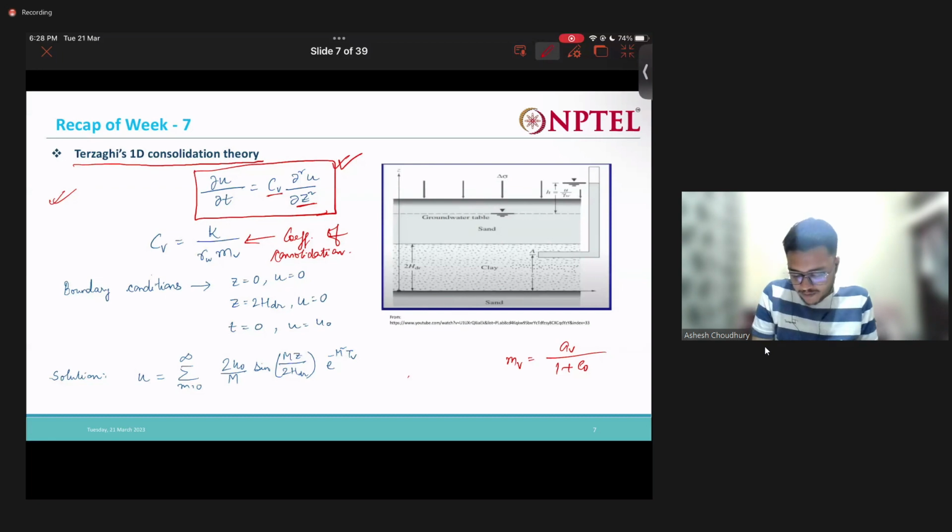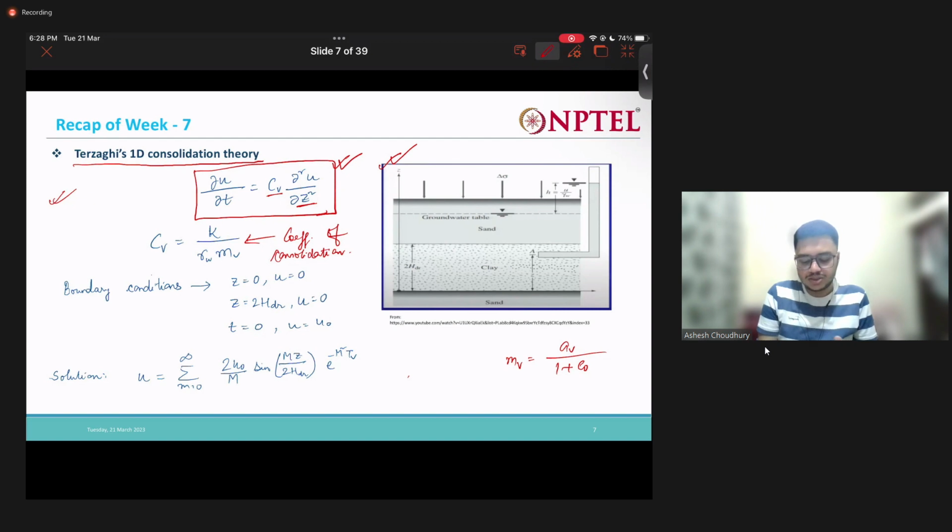Now, what are my boundary conditions? This is a differential equation, so in order to solve it we will require some boundary conditions. Let us see.